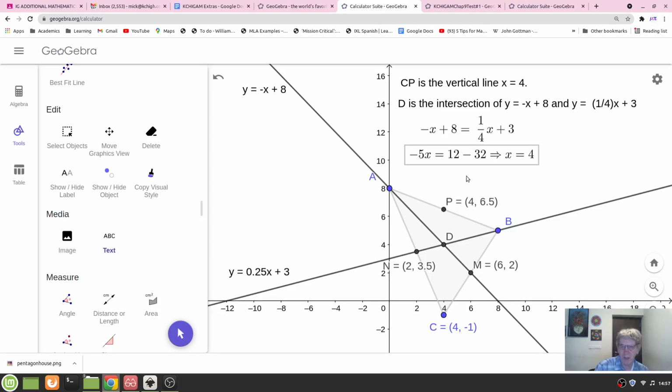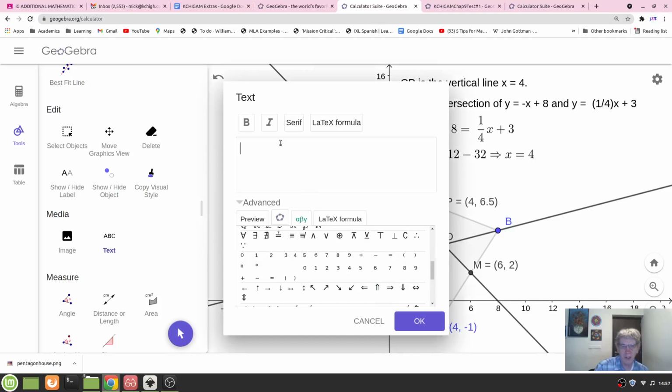So now I'm going to just write that the intersection point has, I don't even need to find what the y value is, an x value of 4, therefore it lies on CP, which is the line x equals 4.